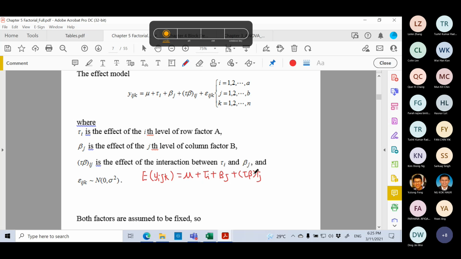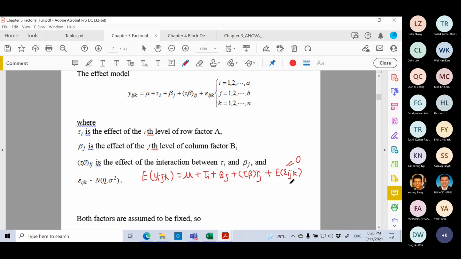Because when you take the expectation, you also add the expected value of epsilon ijk. The mean of epsilon is equal to 0, so this part will be equal to 0.